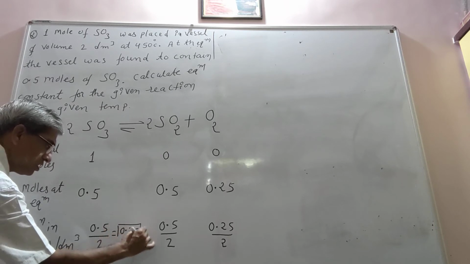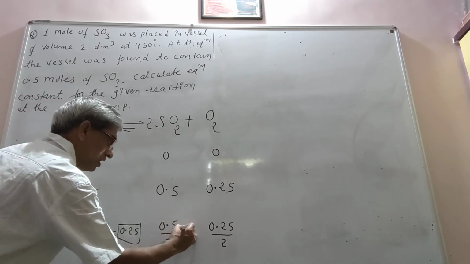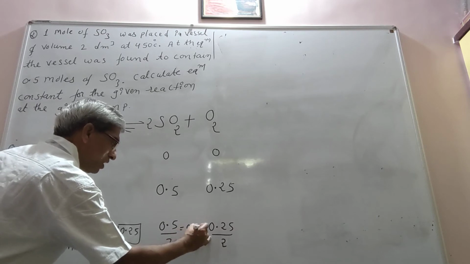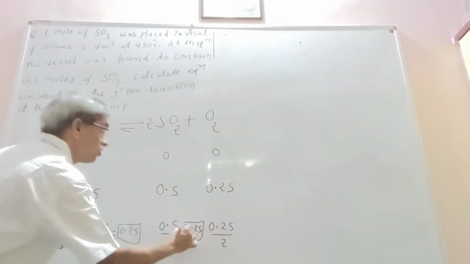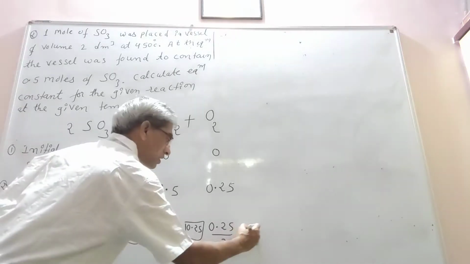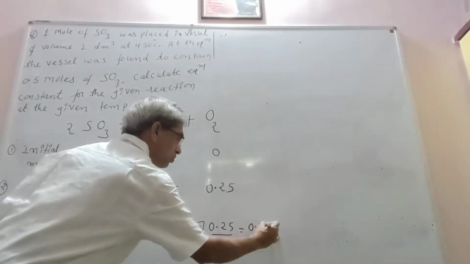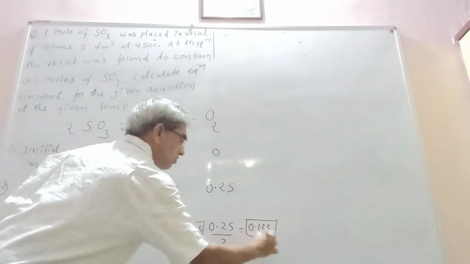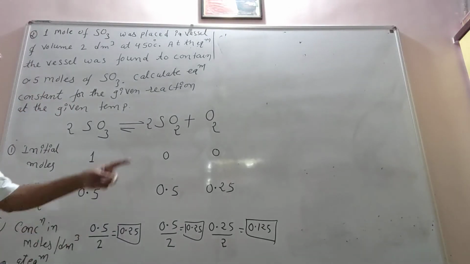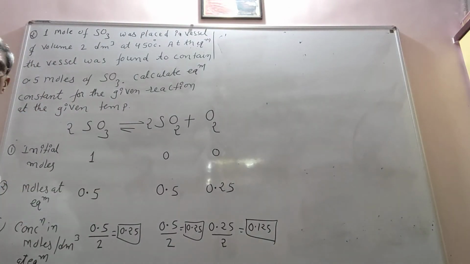This is the concentration of SO3. Similarly, 0.25 is the molar concentration of SO2 at equilibrium. Here, 0.125 is the molar concentration of O2 at equilibrium.